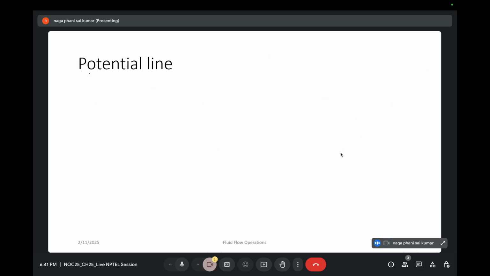And then we have the potential line. The line of equal velocity potential is known as a potential line. Let me quickly write this. The lines of equal velocity potential are known as potential lines.